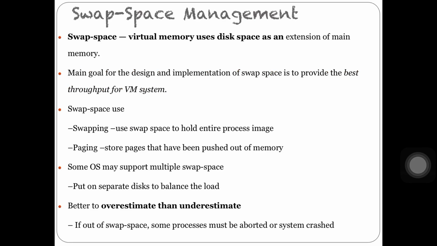Some operating systems, for example Unix, allow the use of multiple swap spaces. Those swap spaces are usually put on separate disks, so the load placed on the I/O system by paging and swapping can be spread over the system's input output devices. So this is about the swap space usage.